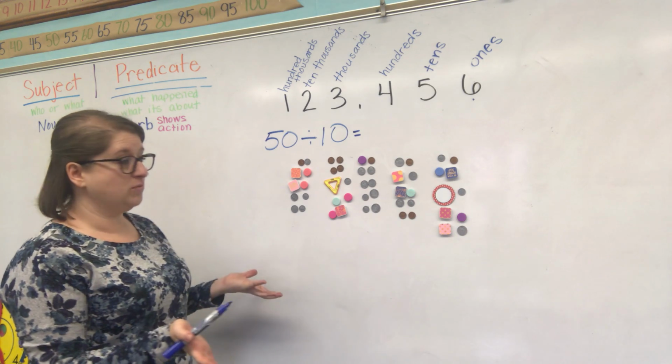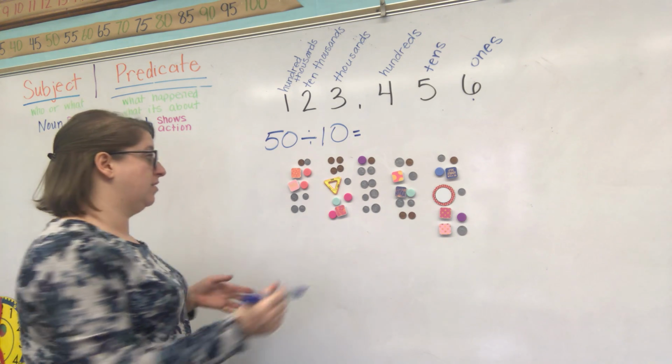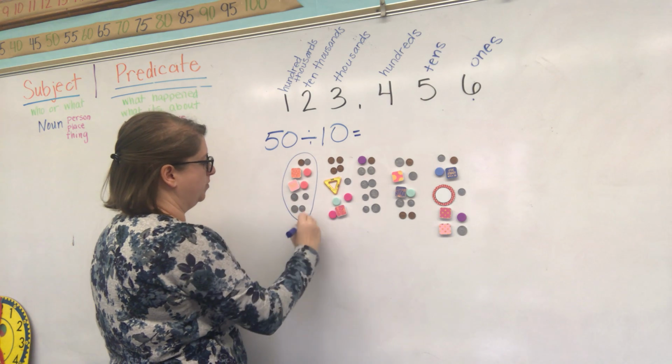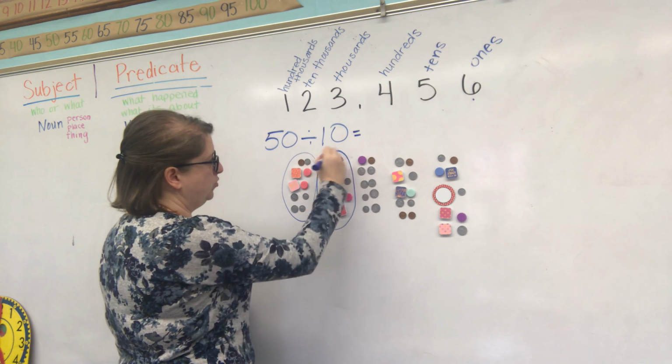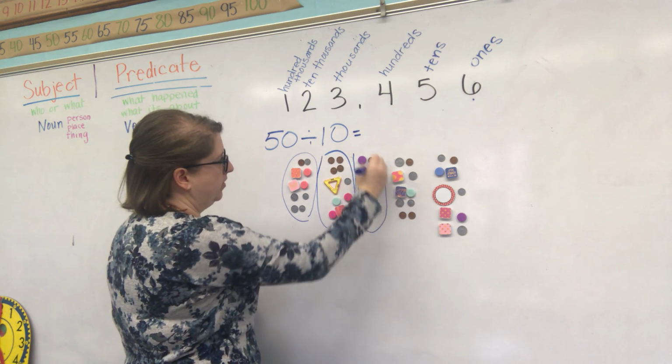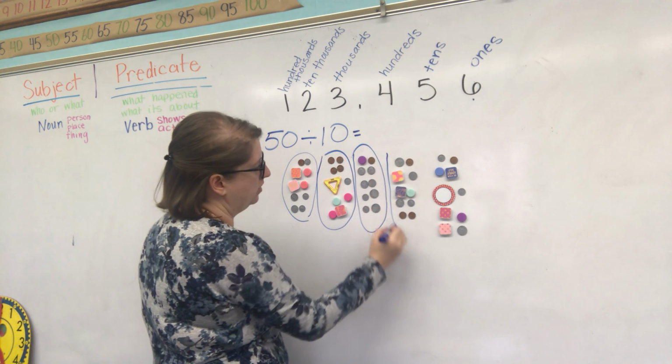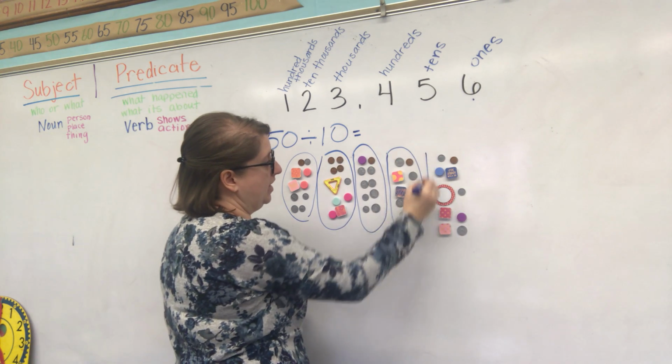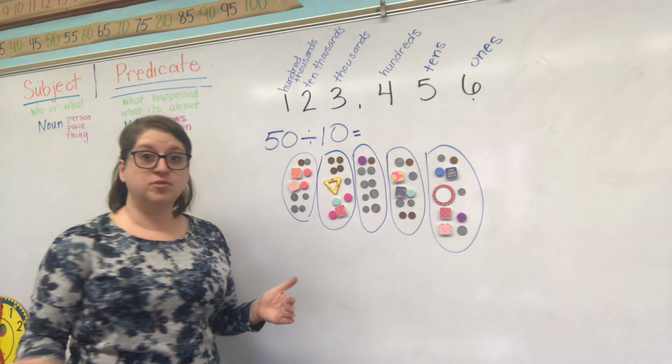So I'm going to circle them so that we can see it a little bit better, but I do have them in groups. There's one group of 10, 2 groups of 10, 3 groups of 10, 4 groups of 10, and 5 groups of 10.